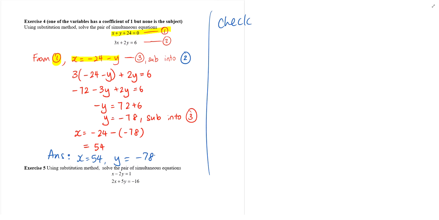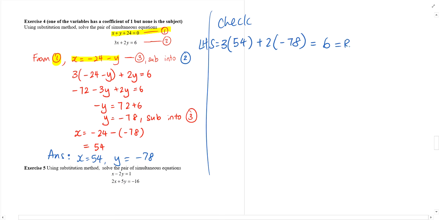For example, equation number 2: 3 times x, which is 54, plus 2 times negative 78 equals to, on the calculator, I'm hoping to get 6. If I get 6, then it will be valid. So 3 times 54 minus 2 times 78, and I get 6. So this is the left hand side, and this is the right hand side. So I know that this is a solution.